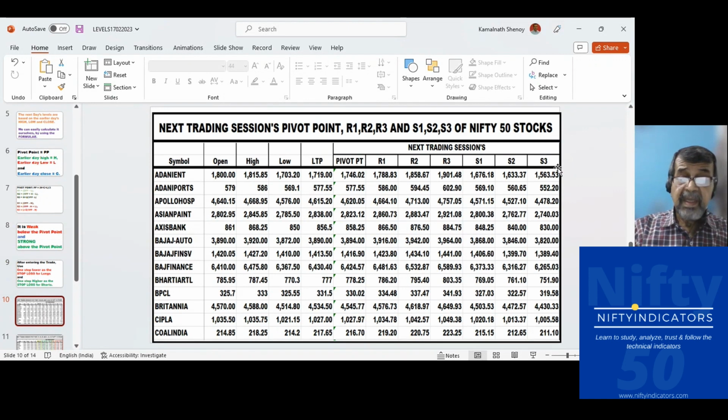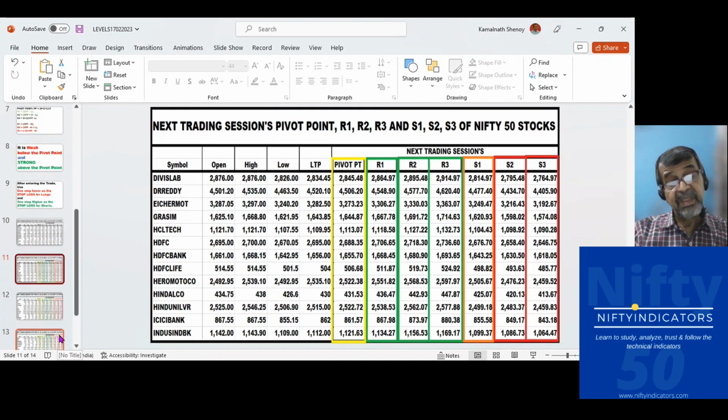You see, these are the charts of pivot point, R1, R2, R3, and S1, S2, S3 for Nifty 50 stocks, alphabetically arranged. Make a note of it. Whichever stock you are interested in, make a note of these levels, analyze them, and use them well for Monday's trading.